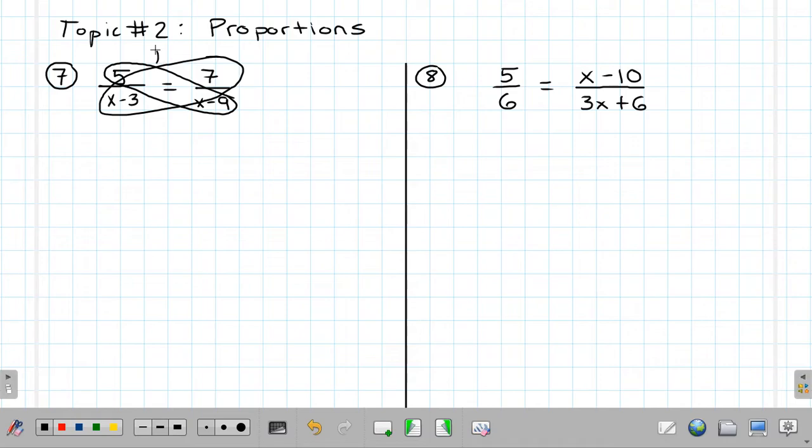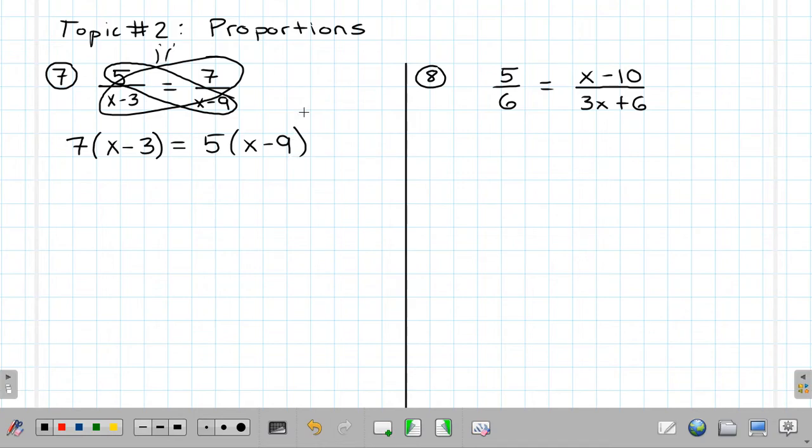So we do the little butterfly here, meaning we take the 5 times x minus 9, 7 times x minus 3. So again, if you remember watching my videos, technically I'm doing this for a reason. I'm going to do the 7 times x minus 3 first. Then I'm going to do the 5 times x minus 9.